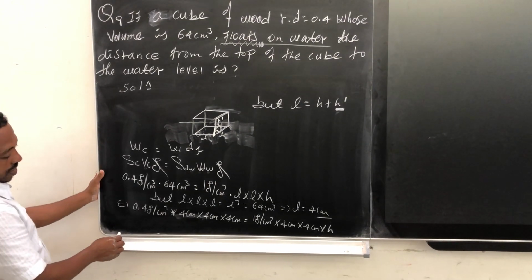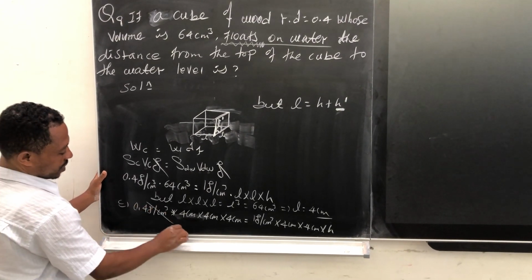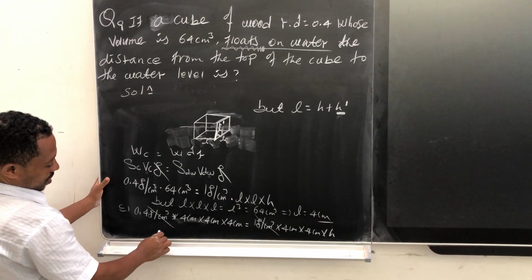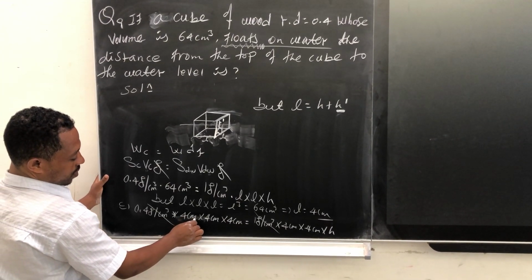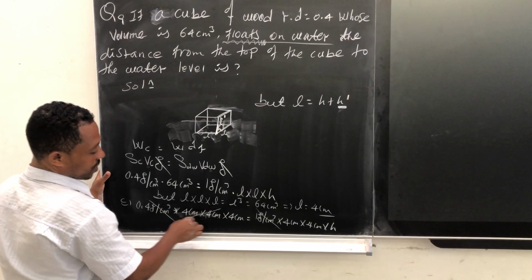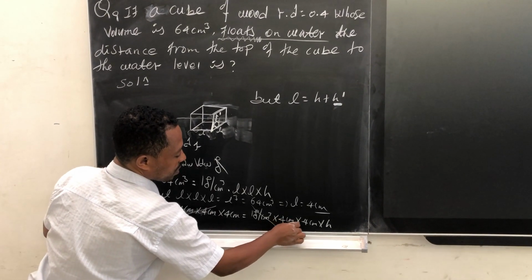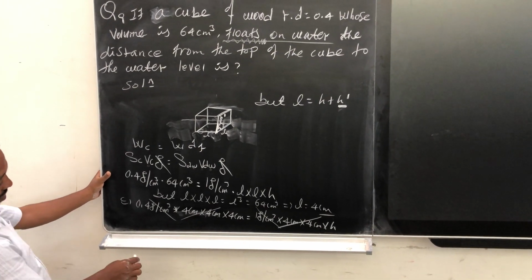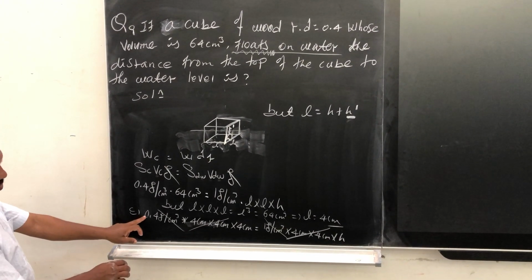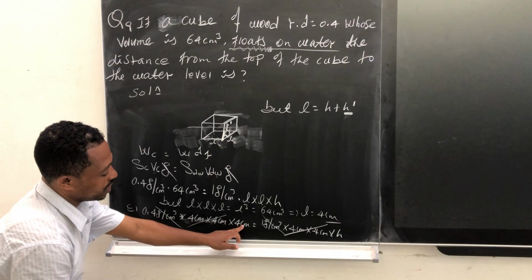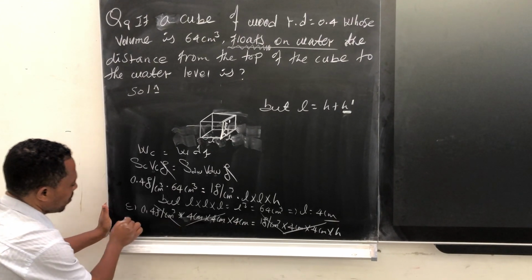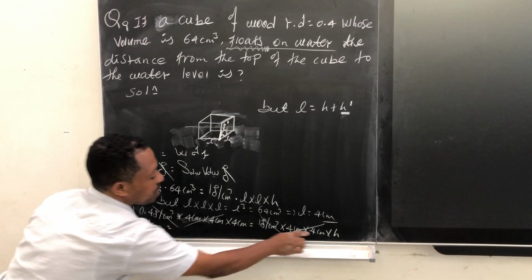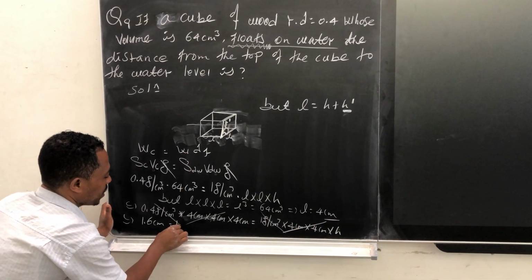And then look, gram per cubic centimeter by gram per cubic centimeter cancel, and 4 centimeter times 4 centimeter cancel. What remains? 0.4 times 4 centimeters becomes 1.6 centimeters, which is equivalent to this h.